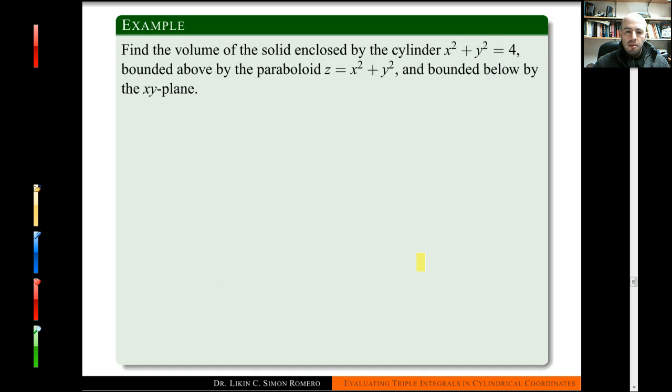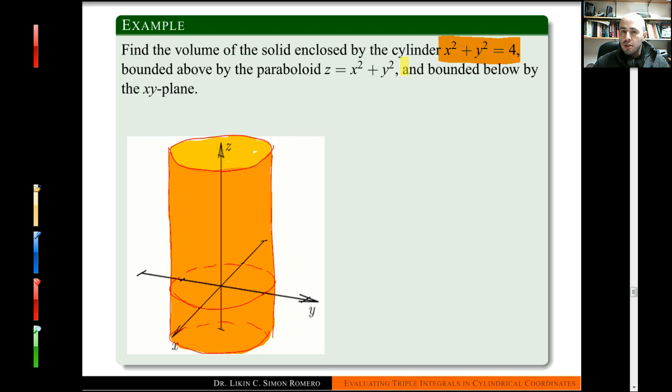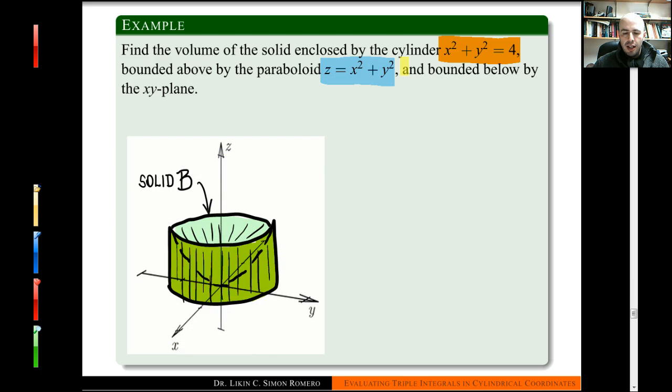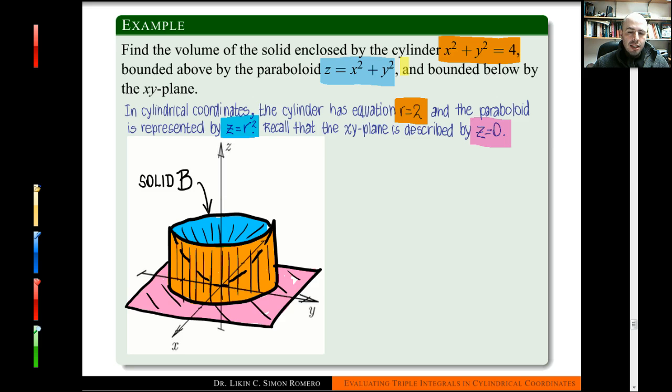So let me give you an example. Let me try to find the volume of the solid enclosed by this cylinder and this paraboloid. So first of all, the cylinder looks like this, the paraboloid looks like this, and the volume that we're trying to find is this, the volume of this solid B. So first of all, in cylindrical coordinates, a cylinder has equation r equals 2.